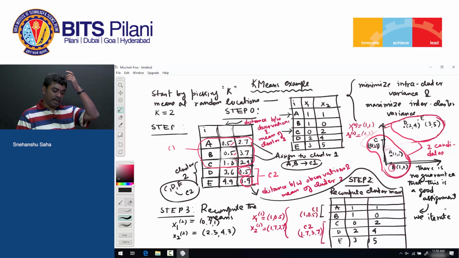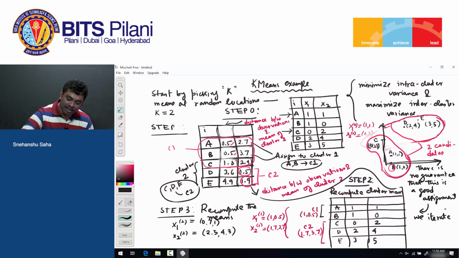Now, when are you going to stop? The following step is just to replicate step 2: once you have the means, you measure the distance of each observation from the new cluster means. For cluster 1, you store the values in column 1. For cluster 2, you store the values in column 2.